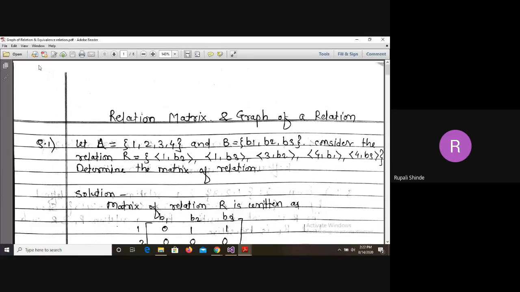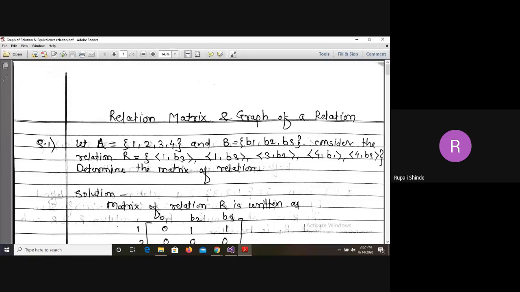So first of all, tell me what would be the order of that matrix? How many rows will be there and how many columns will be there? 4 rows and 3 columns. Yes, 4 rows and 3 columns. So rows are 1, 2, 3, 4, and columns are B1, B2, B3.